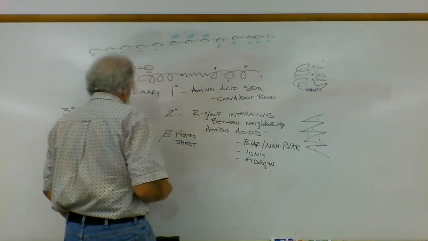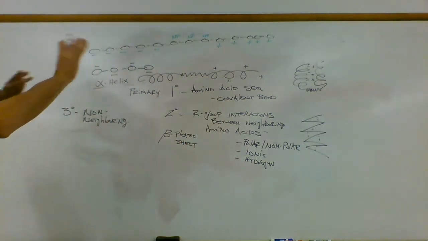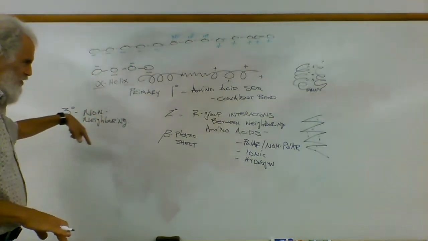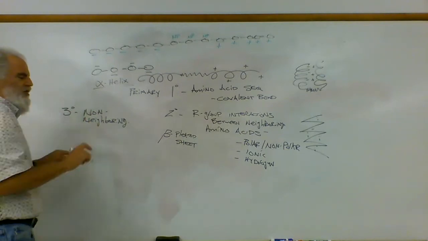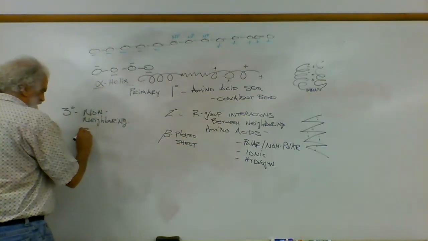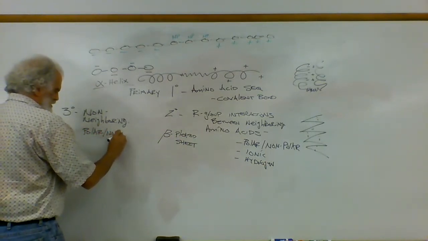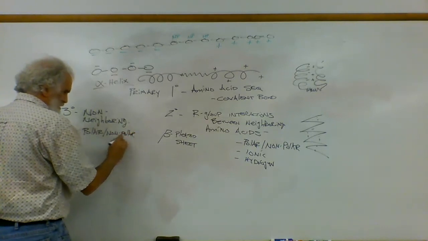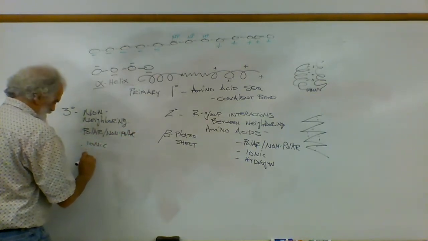All right, so these are the structures. And just to complete this whole game, the tertiary structures are also held together by the weak bonds. That is, just to write it back down, polar, non-polar interactions, ionic bonds, and hydrogen bonds.